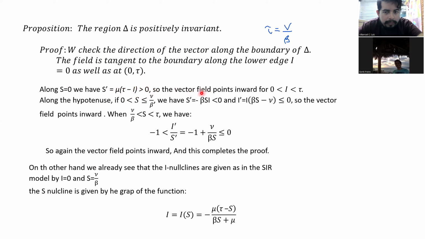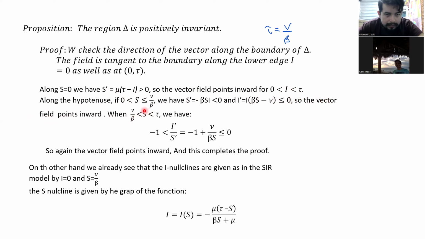So the vector field points inward for I between 0 and tau, because it's only in this case that this second factor is positive, of course. Along the hypotenuse, if S is between 0 and b over beta, we have that S prime is minus beta S I, which is negative, and I prime is equal to I times (beta S minus b), which is less or equal than 0. So the vector field points inward.